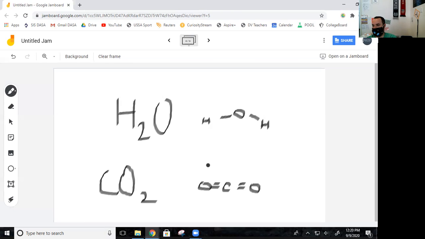If there are 3 available things, it will double bond to one of them and then single bond to the other 2. If there are 2 available things, it will double bond to both. And if there are 4 available things, it will single bond. With the caveat that the other thing needs to want to make a double bond or a single bond as well.